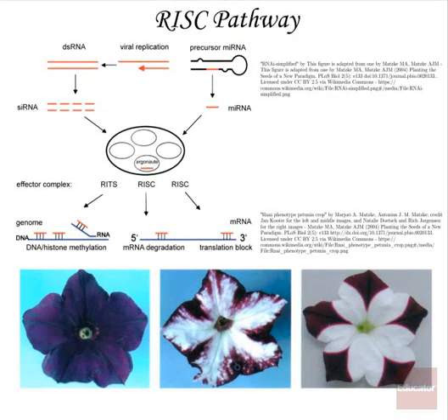So here's an example of the RISC pathway and actually how scientists have been able to utilize it. What we would have is viral, right? If there's an infection, they make double-stranded RNA. You can break that into siRNA via Dicer and Drosha.